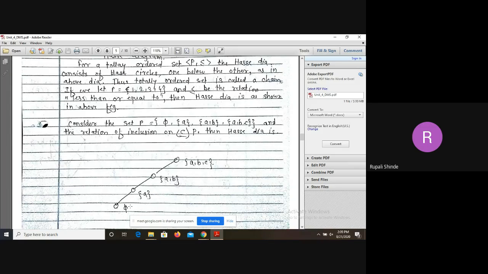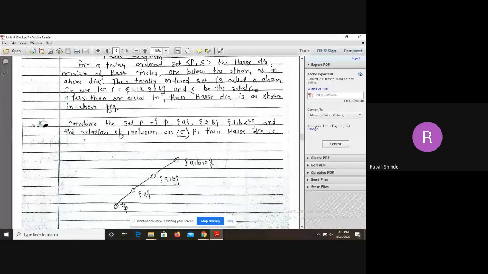Now we have to see what kind of relation we have to apply on this set. They have given in the question itself that we have to apply the relation of inclusion or subset. Now phi is a subset of set A. Yes, because phi is a subset of every set. That's why we have connected phi and set A. Now the next element is set A comma B. Here set A is a subset of set A comma B, that's why we have connected these 2 elements.